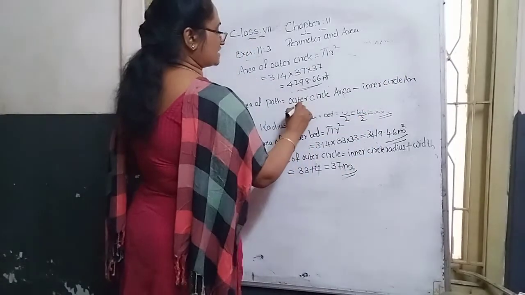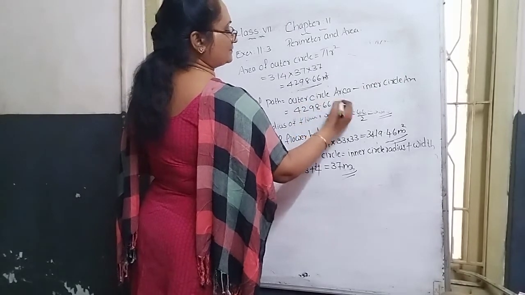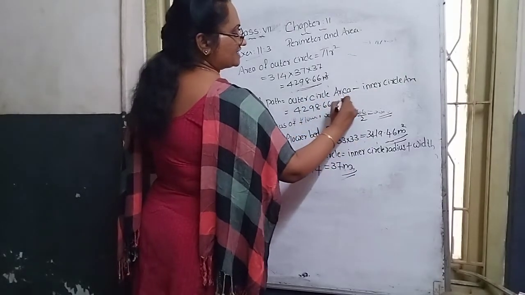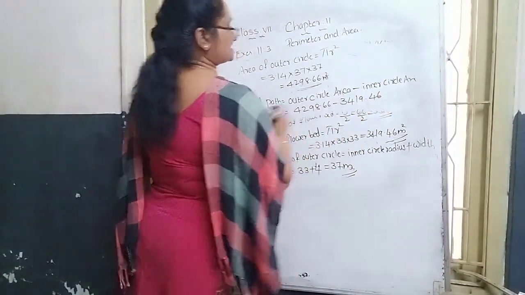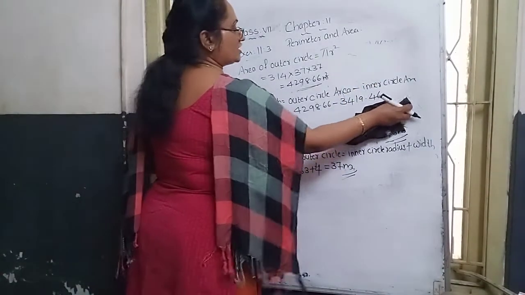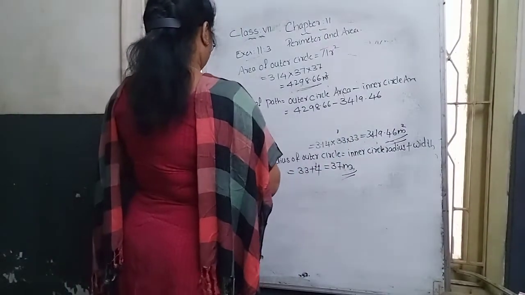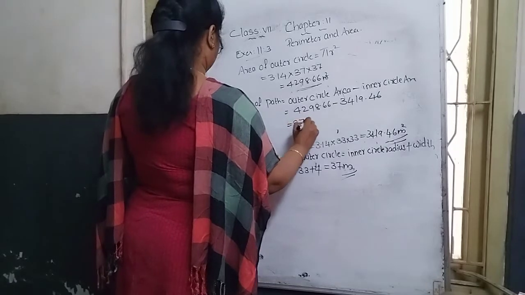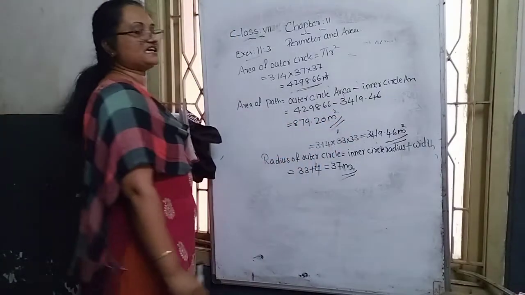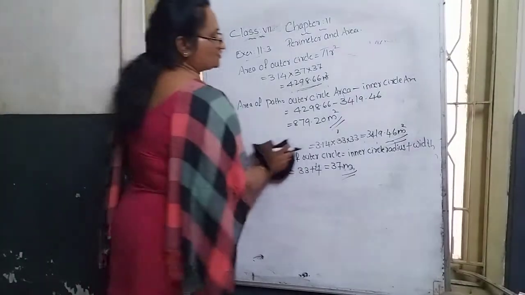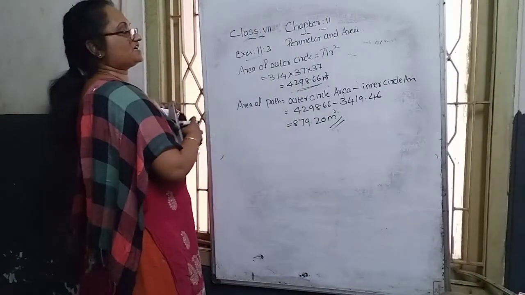The outer circle area is how much? 4298.66, subtracted with the inner circle area 3419.46. Doing the subtraction, we get the area of the path. So the area of the path becomes how much? 879.20, the unit is meter square. This is the meaning of this question. I hope you can understand the meaning of this question.